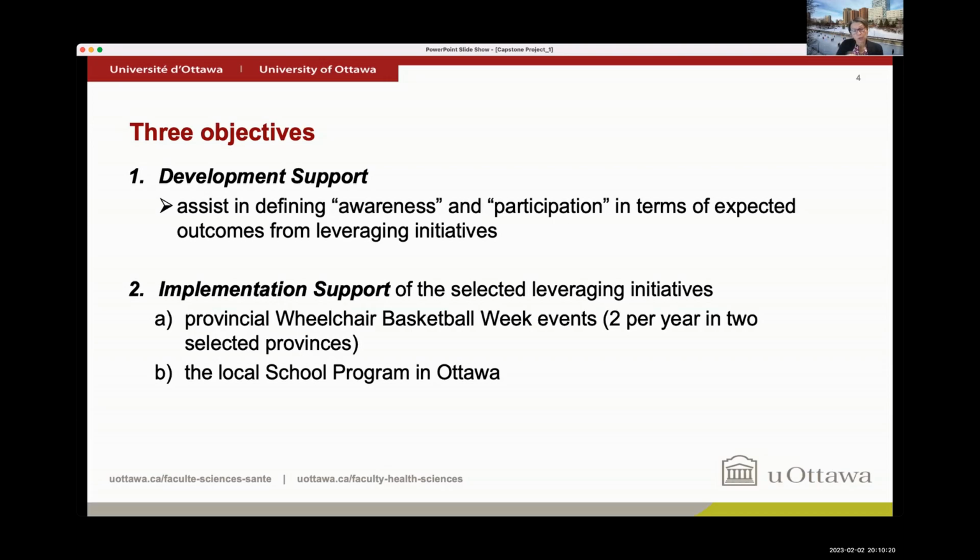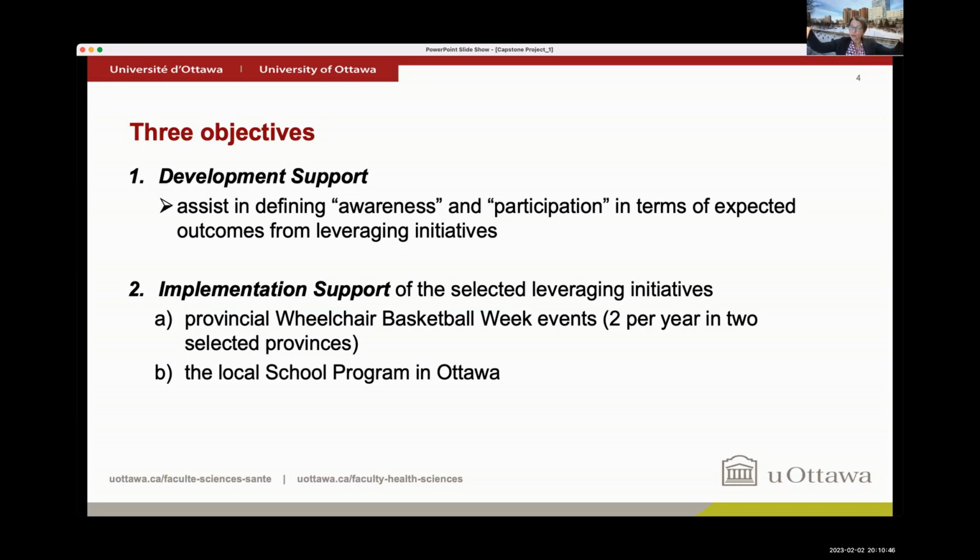So once we know what they want, we can start with the implementation of a strategic plan of selected leveraging initiatives. We already know that wheelchair basketball wants to do one event festival in the different provinces leading up, in the 3 years, to the event.